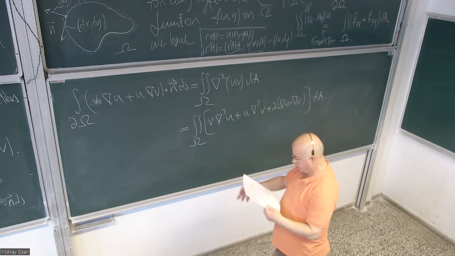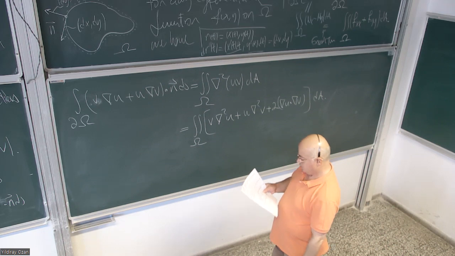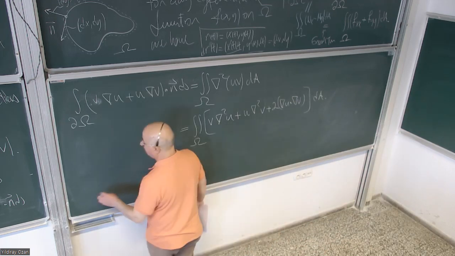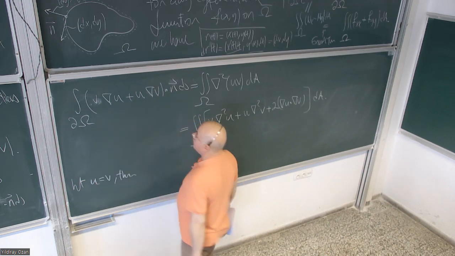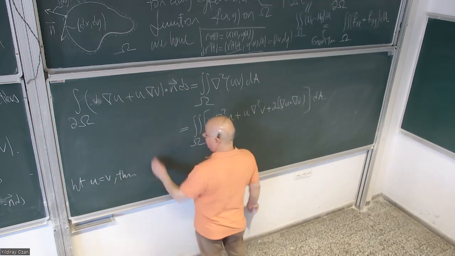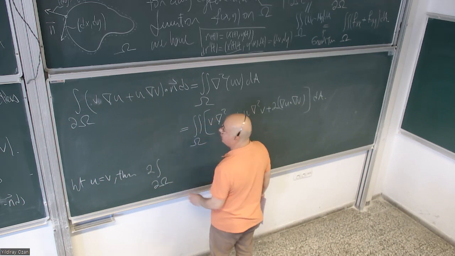Now here, if we do this, let u equal v. If we take v equal to u, this is just 2 times the integral over the boundary, right?